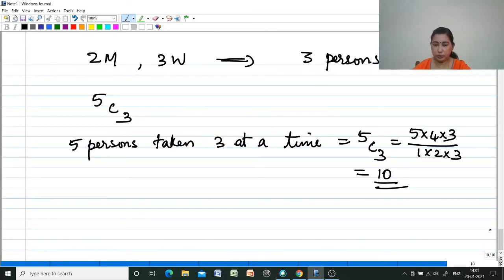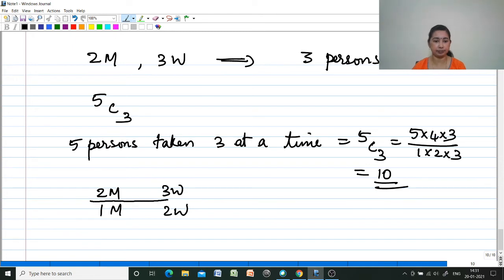And again in the same question, how many of these committees would consist of one man and two women? So we need to select one man and two women. Total there are two men and three women.